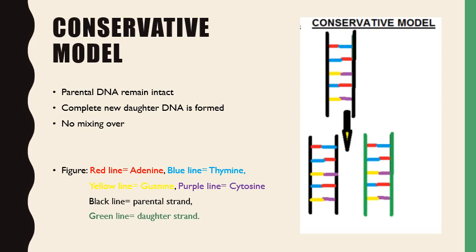But as far as this model is concerned, it suggests that a complete new DNA molecule is formed, so it will not contain any information like that of the parents. So it means that the offspring will be completely different from the parent. So I think you can understand the disadvantages of considering this conservative model of DNA replication.